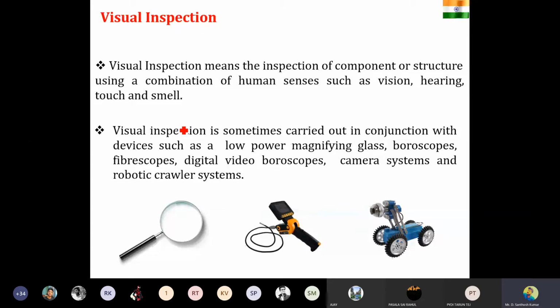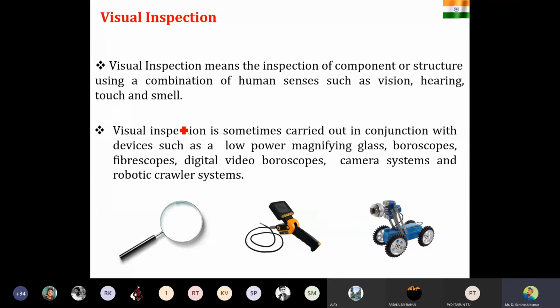Now we will see more about visual inspection. Majorly people think inspection means inspecting the component with only vision, but not only vision: you can also inspect with the help of touch or smell, individually or in combination.